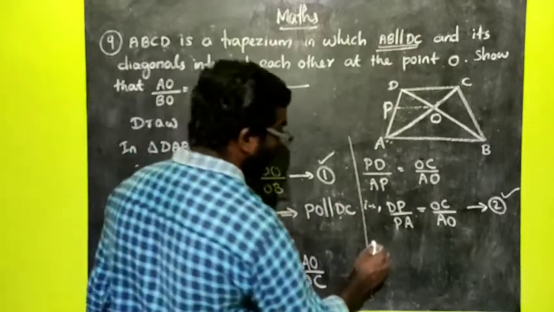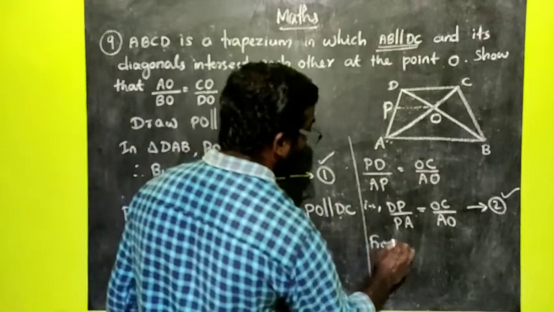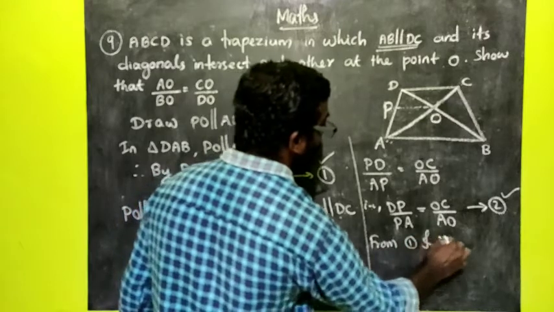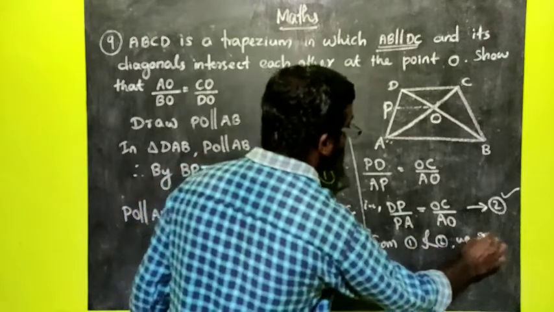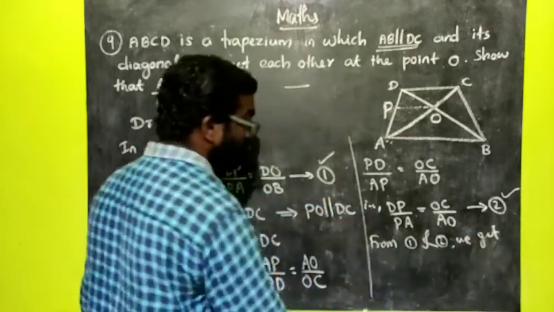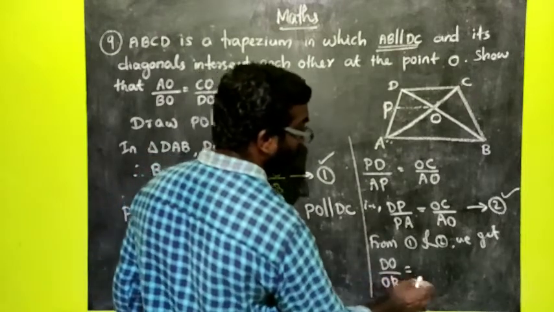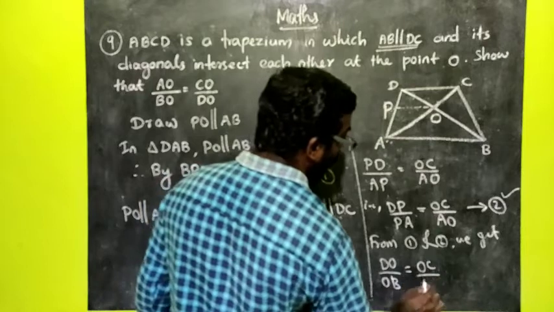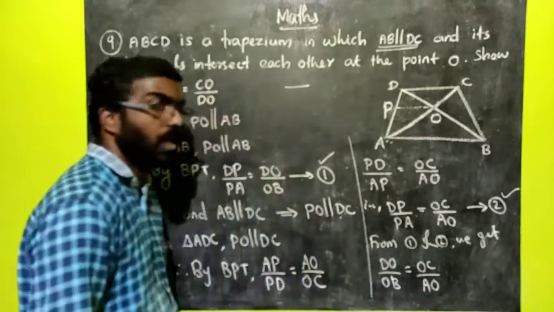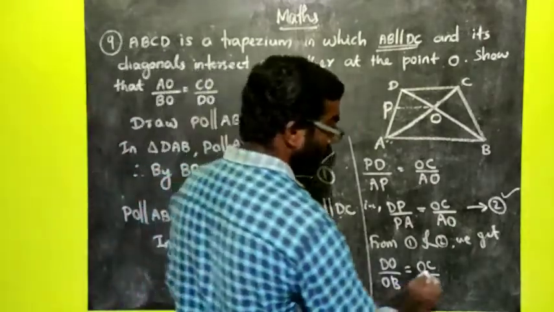Okay, so from 1 and 2 we get DO by OB equal to OC by AO. Now I am going to rearrange the terms.